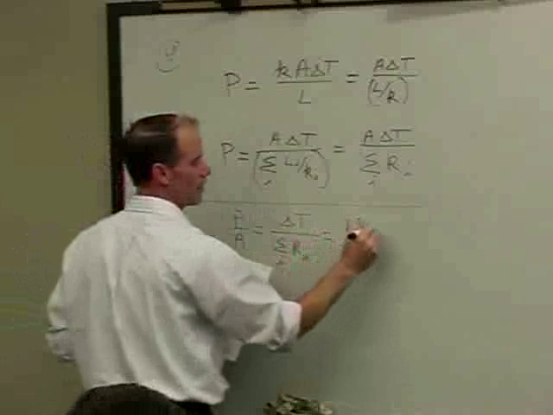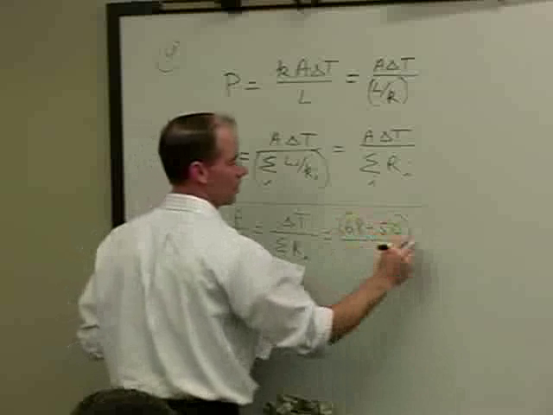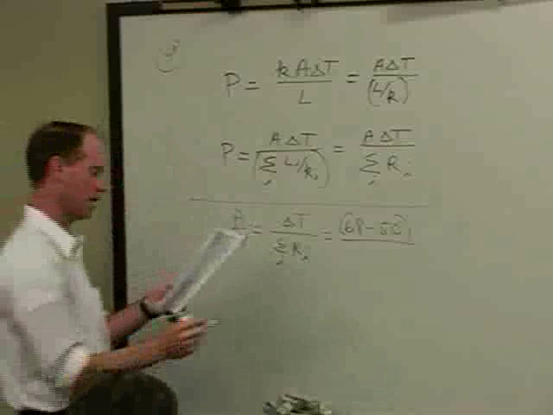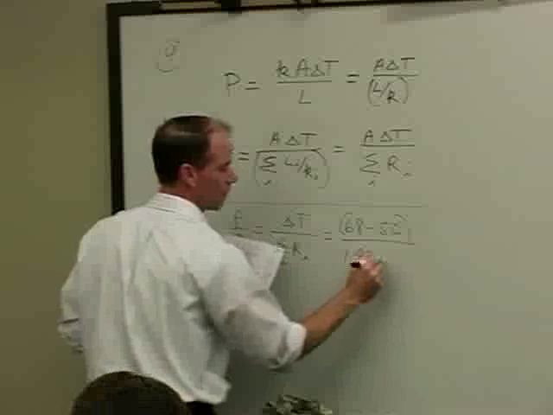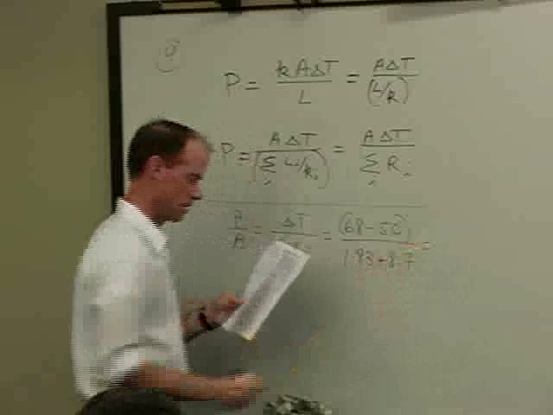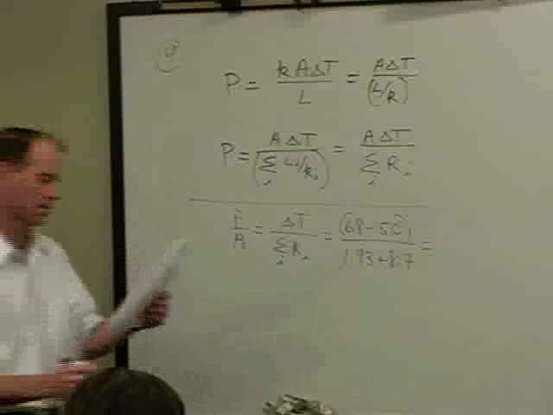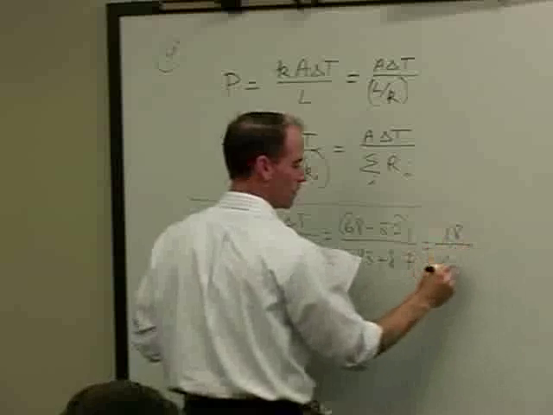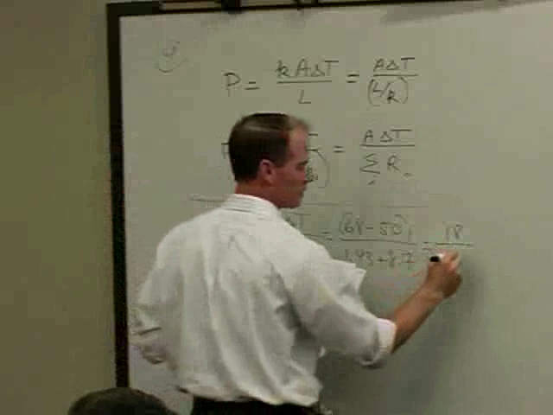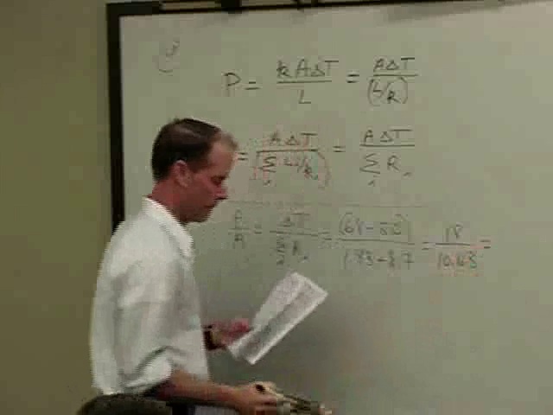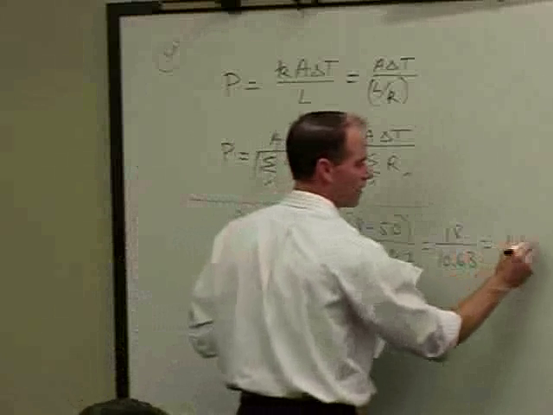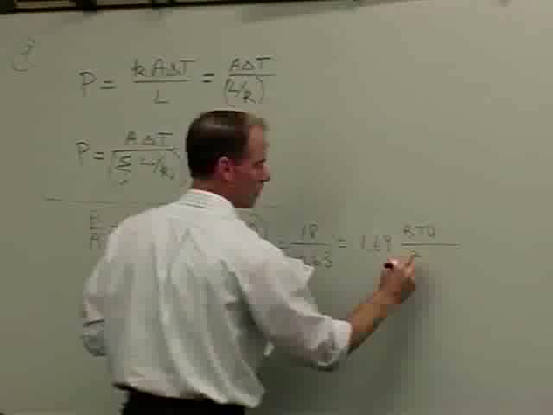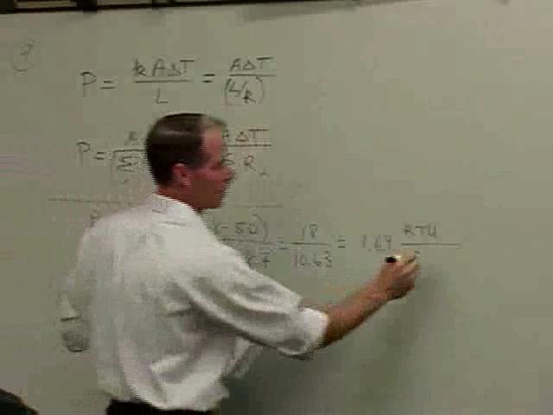We have 68 degrees Fahrenheit minus 50 degrees Fahrenheit over the summation of the R values, 1.93 plus 8.7. Everything in British units. So this will give us 18 divided by 10.63, which gives us 1.69 BTUs per foot squared per hour.